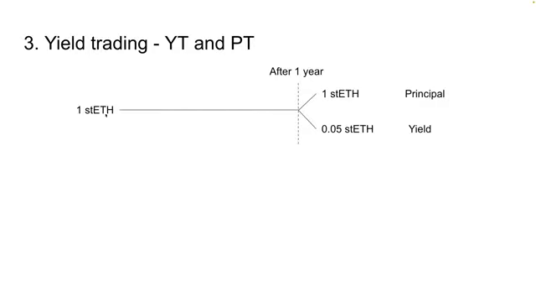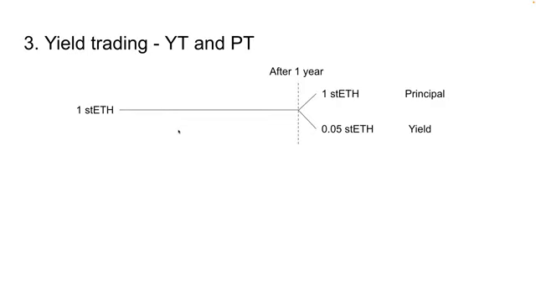Say we have one sDETH, we hold it for 1 year, and we end up with the same one sDETH and a bit of yield, say 0.05 sDETH. The one sDETH is called the principal, and the 0.05 sDETH is yield. Very straightforward, right?